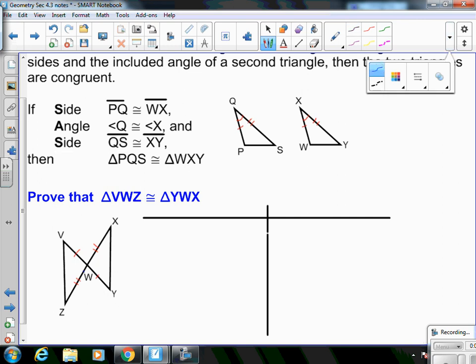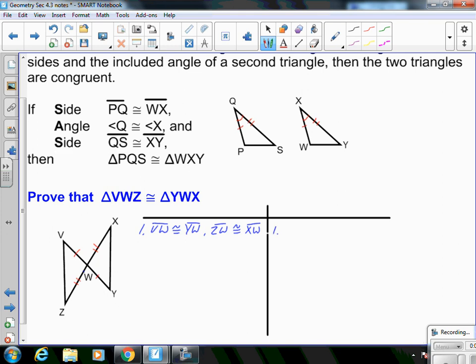From the picture, we can see that segment VW is congruent to segment YW, and segment ZW is congruent to segment XW. So there's our given.